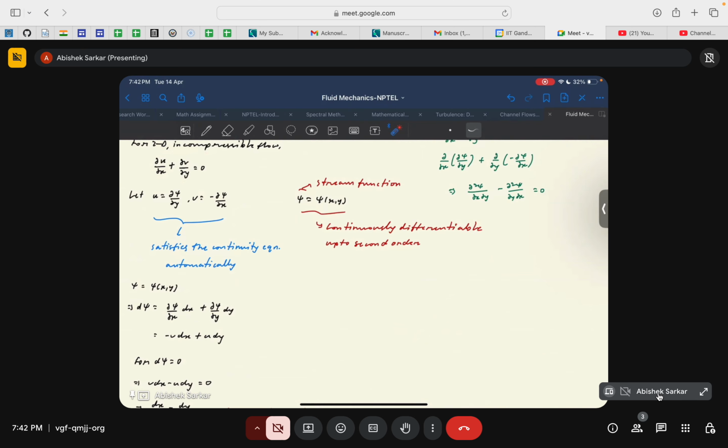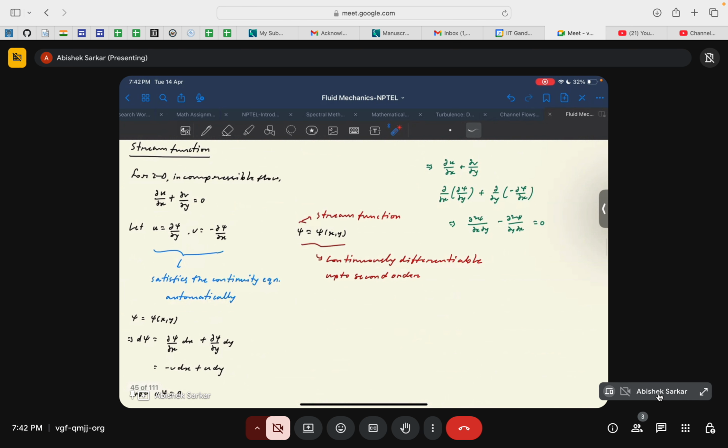If we are then able to solve for psi, we can easily solve for u and v. Essentially finding a way to simplify the problem. And this stream function, by its definition, automatically satisfies the mass conservation equation.